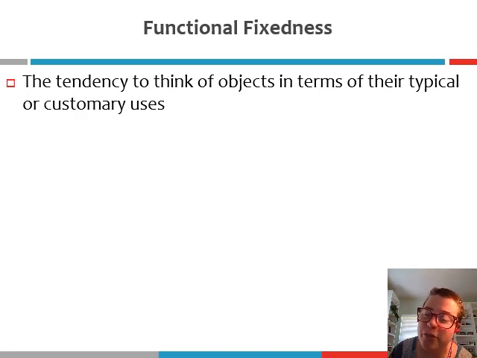So both the two strings problem and the candle problem require you to use these objects in an unconventional way. In the candle problem, instead of using the box of matches as a container for matches, you're instead using it as a shelf or a support for the candle.